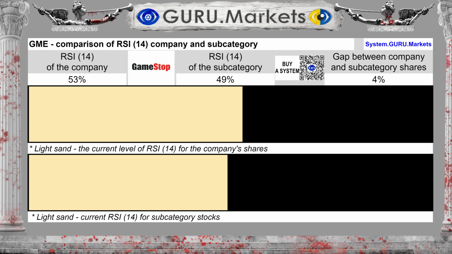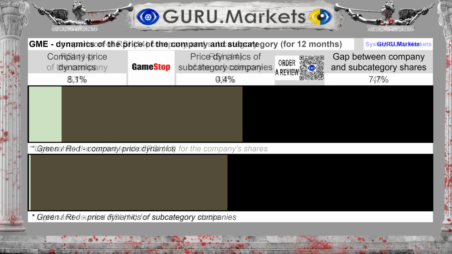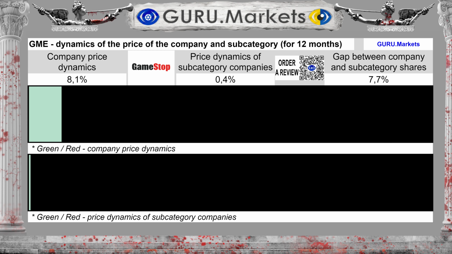The RSI 14 indicator shows a level of 53% for the company GameStop Corp. GME. In the subcategory, this level is approximately 49%. Potentially, securities of the subcategory are valued in the same way as shares of GameStop Corp. GME. Comparing the dynamics of the company's share price and subcategory shares, we will see that over the last 12 months stocks of GameStop Corp.